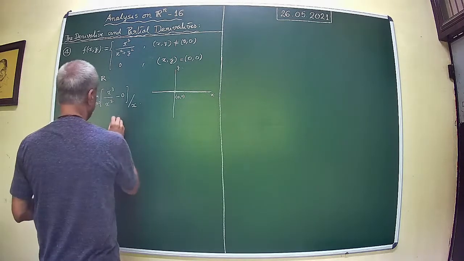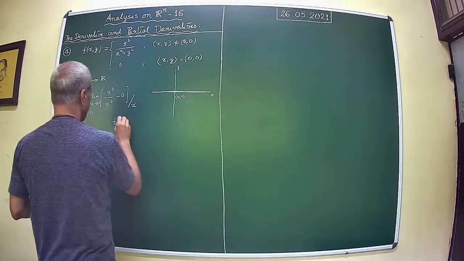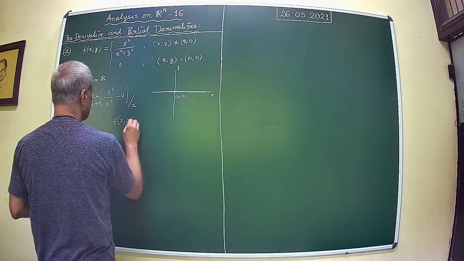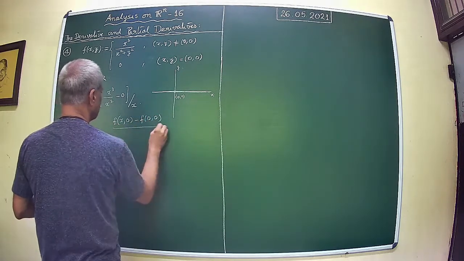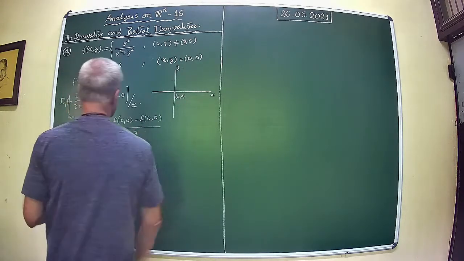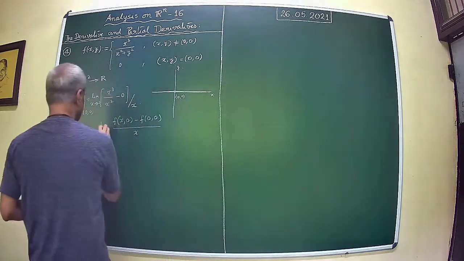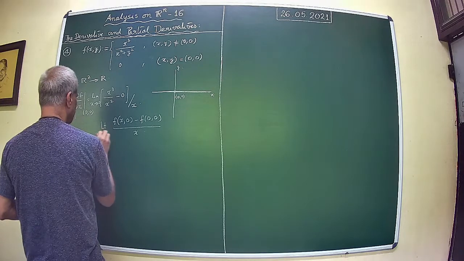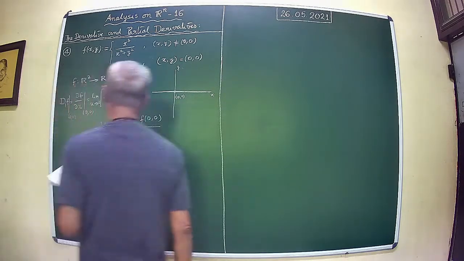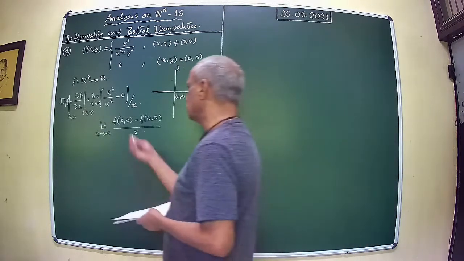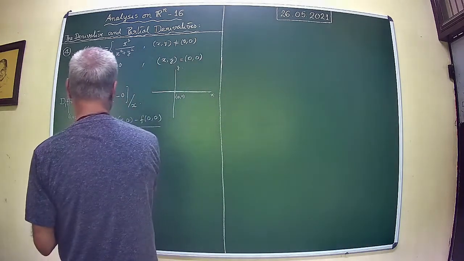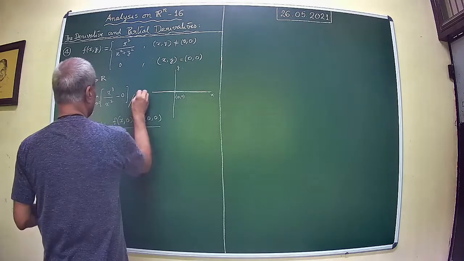So you are taking f of x, 0, and this you can easily see is equal to 1.